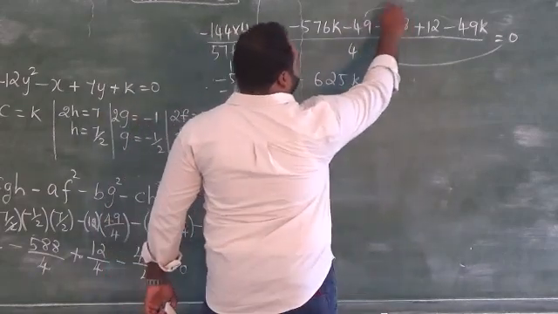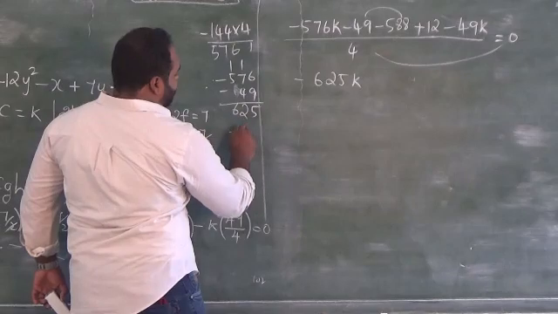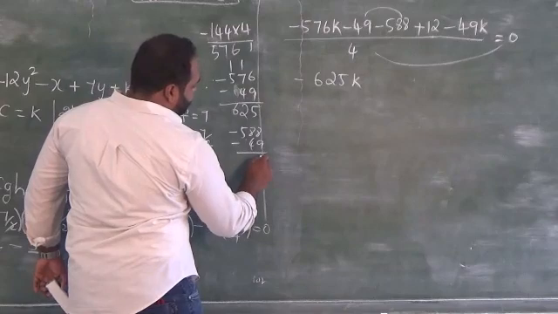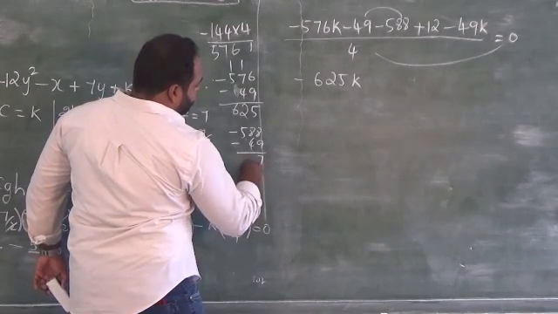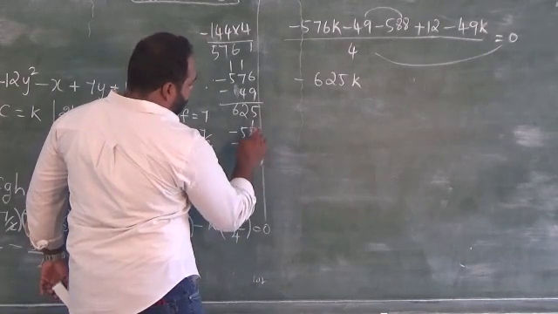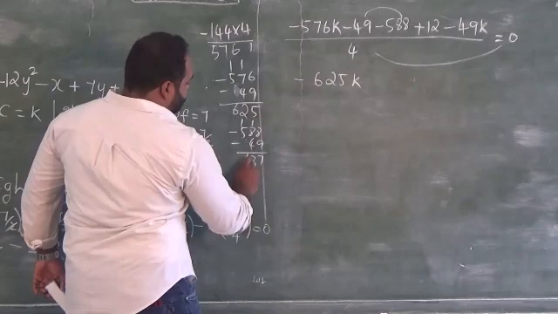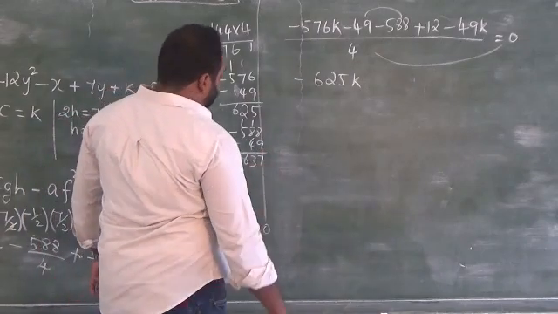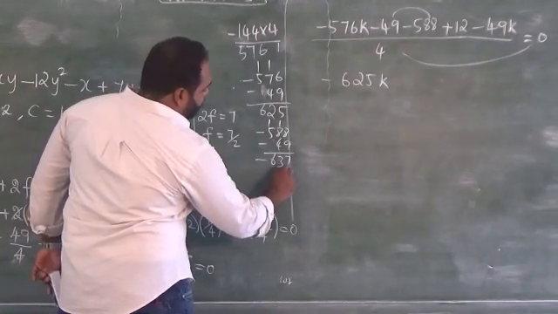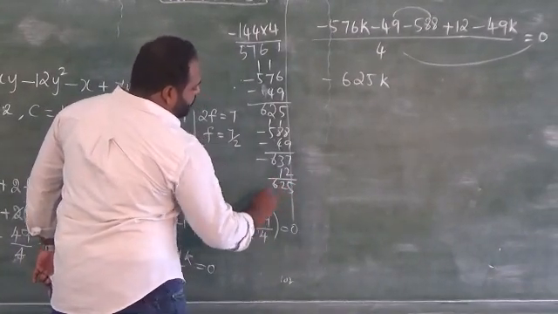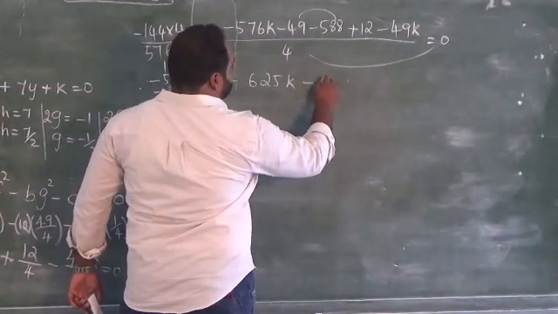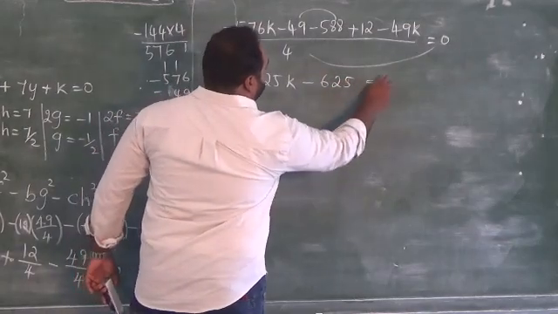Then these two constants are negative, so we can add minus 588 and minus 49, which gives minus 637. Then I can add 12 here, so it is minus 625 equal to 0.